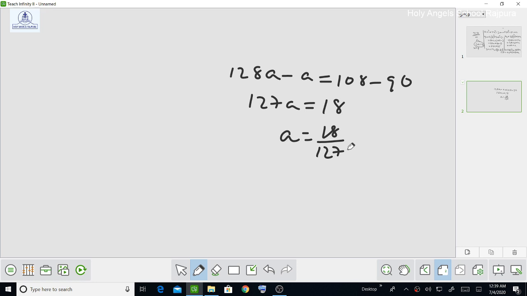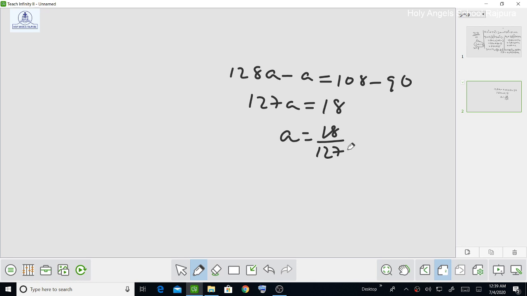A value, we got it. That is 18 upon 127. See the steps. First, x is equal to 4, we substituted in the first polynomial, we get the value of R1, that is 64a plus 45. Then second step, we have substituted x is equal to 4 in the second polynomial, we are getting the second remainder R2, 108 plus a.